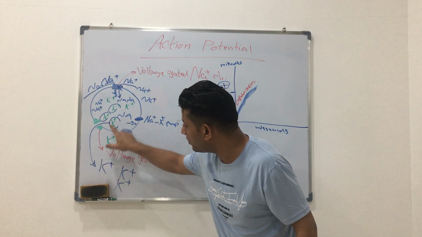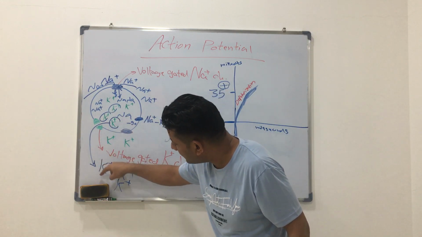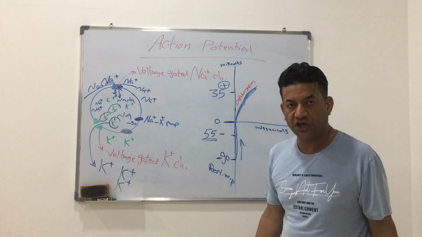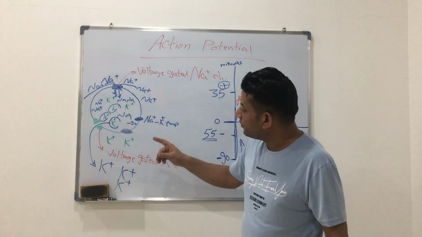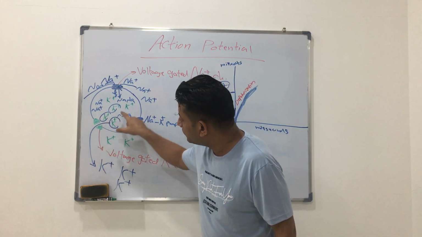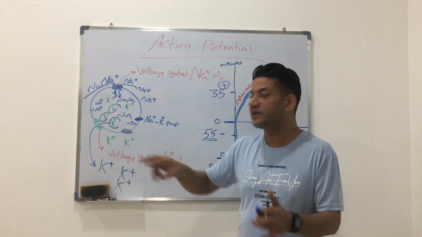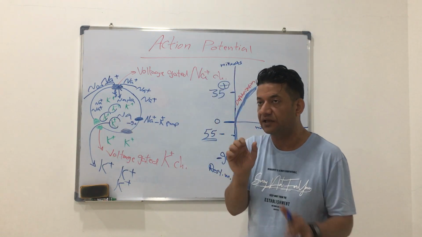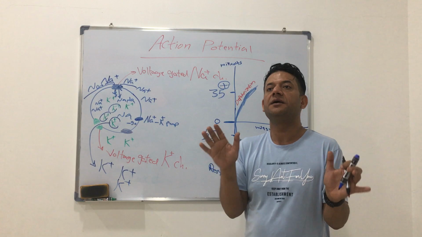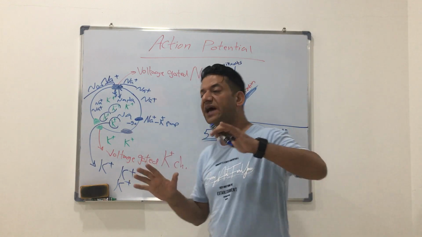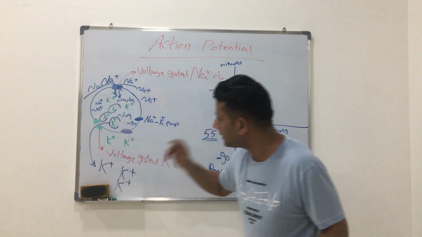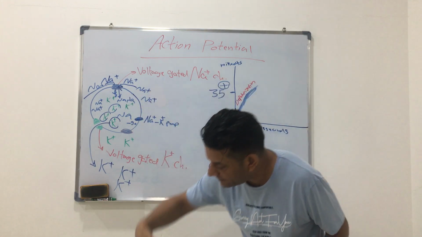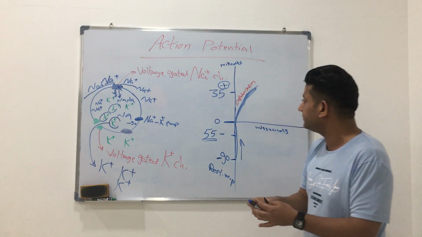When potassium ions leave the cell because of opening of voltage-gated potassium channels, this is because of difference in concentration. Concentration of potassium is high inside of the cell. So when the channel is open, potassium will leave, and the charge inside of the cell will decline towards the negativity again.